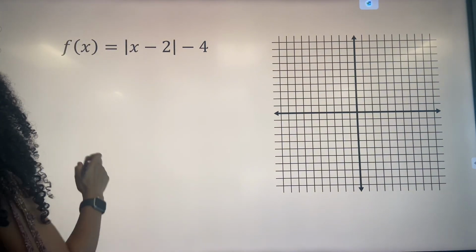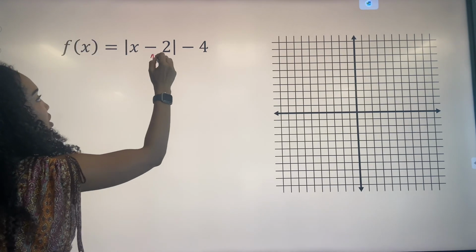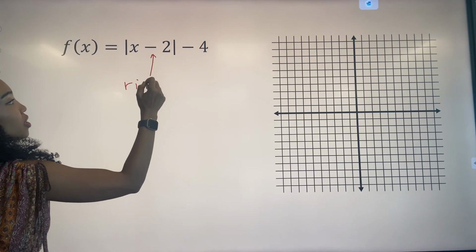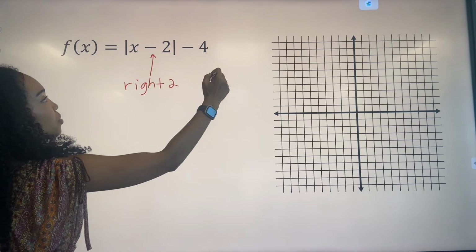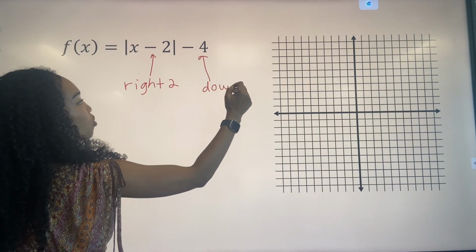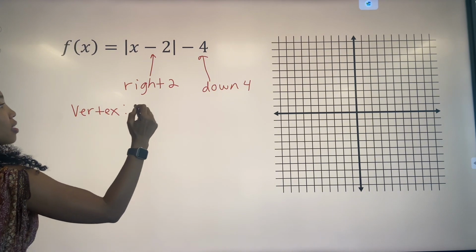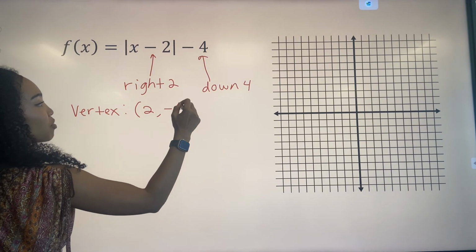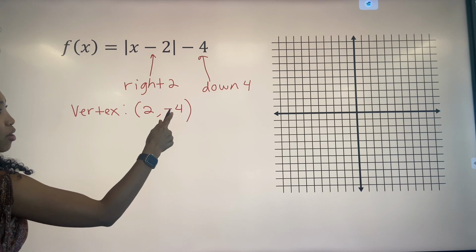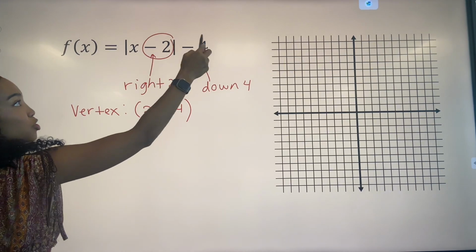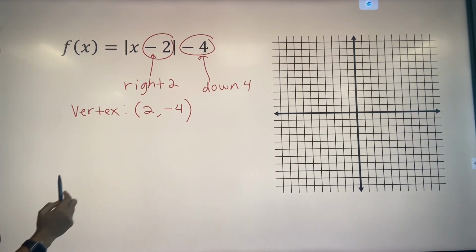Okay, first example that we're going to graph. What's the transformation in here? Good. Write that down. Right 2. And this is down 4. That means your vertex is 2, -4 because it went right 2, down 4. So guys, these numbers will always determine your vertex.